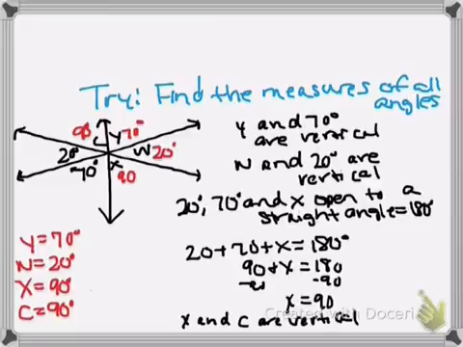Once I knew the value of those, I was able to find the value of X because Y, W, and X would open up to 180 degrees. So we were able to find X, and we ended with the fact that X and C are vertical angles. So if X is 90 degrees, C is 90 degrees.